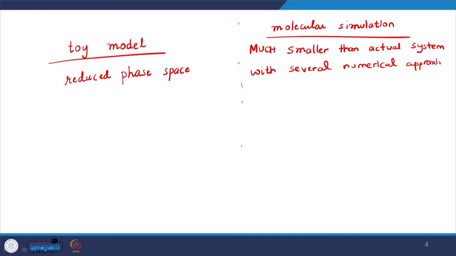We will get to that molecular simulation part in the next week, but let us first look at the toy model part of it and see how exactly it can achieve that, right.